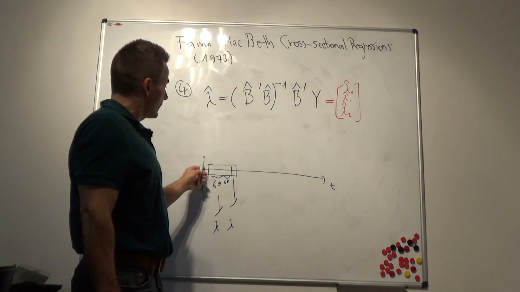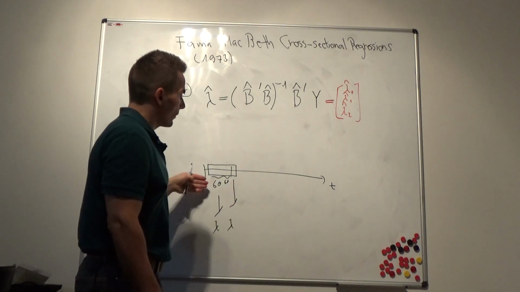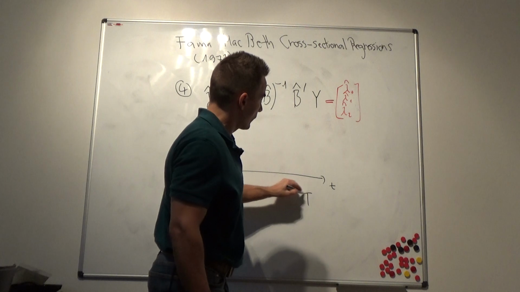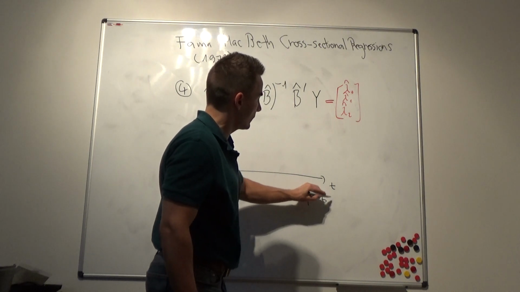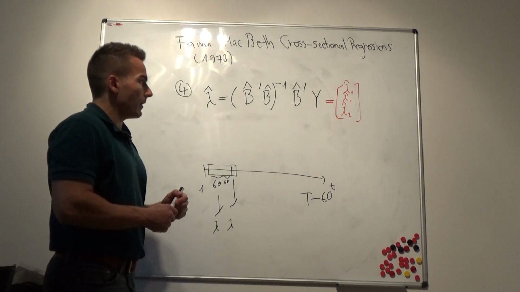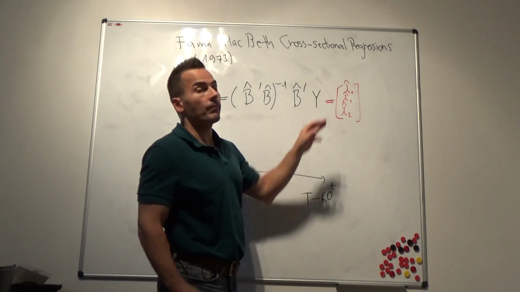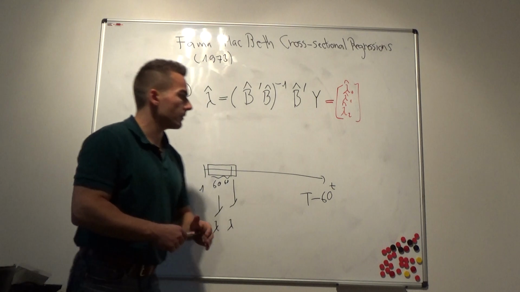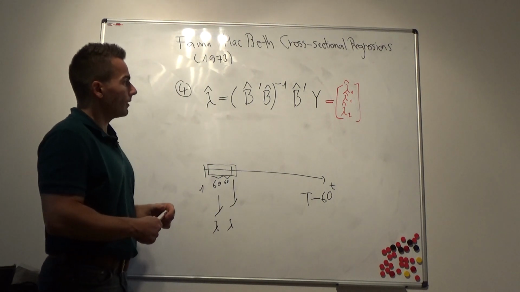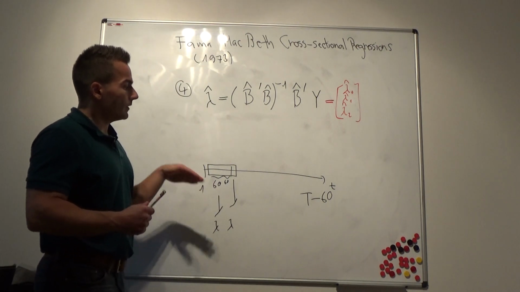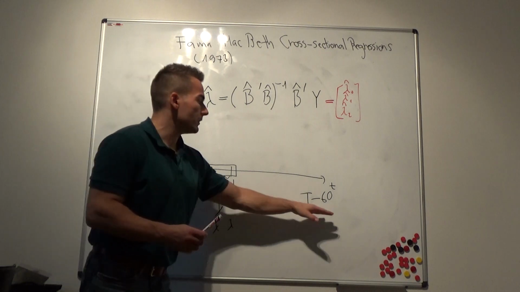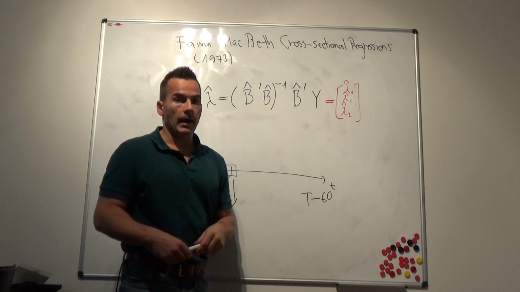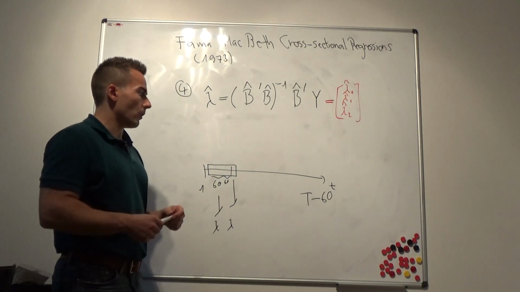They roll this time window forward until t, so they have capital T minus 60 estimates for lambda. In each run you can store the corresponding lambdas and then estimate the t statistic based upon the distribution of the corresponding lambdas, right? So this is not that difficult.